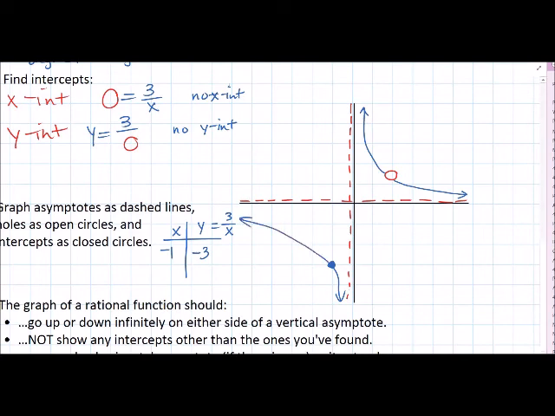And again, if you don't like faking that part, you can plug in -2, -3, get other y values, but this is only a sketch. So I'm expecting at least 1 point in each section to be accurate. The holes, the vertical and horizontal asymptotes, and the intercepts, those have to be graphed accurately. Everything else can be a sketch. So I'm looking for the arrows to be pointing in the right directions along those asymptotes.